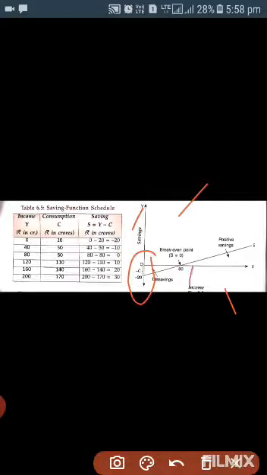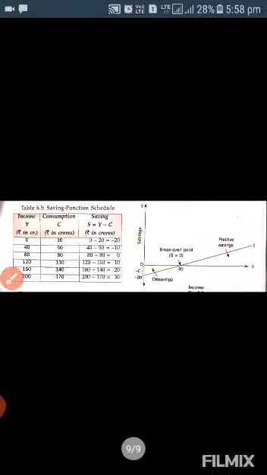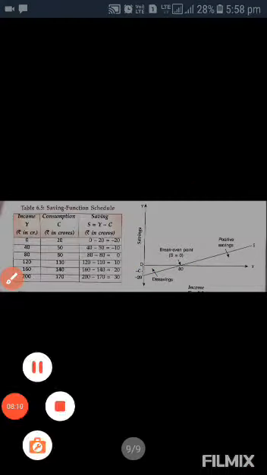So this is the point where saving is equal to 0, means whatever we have earned, we have consumed already, and there is no saving. This is level 0, and this area is indicating the positive saving. So this is the saving function.